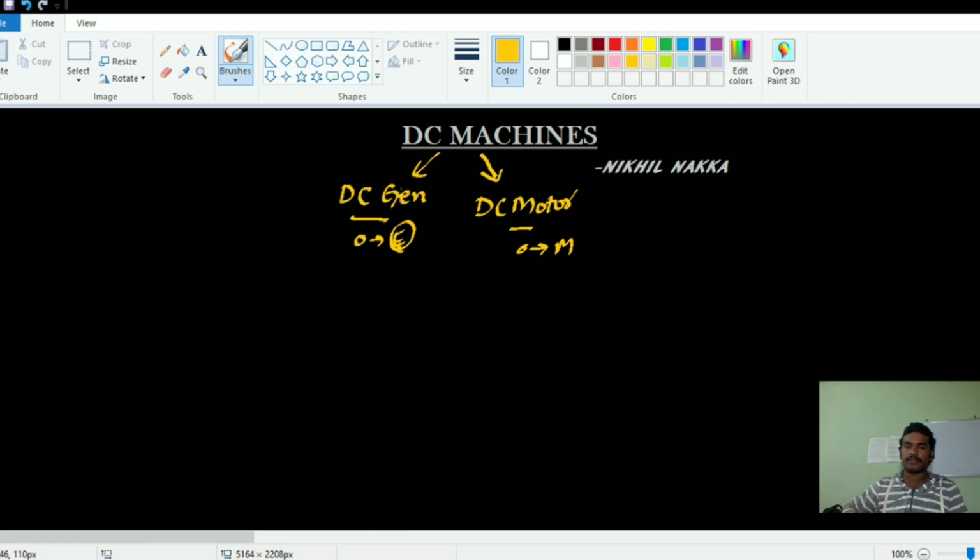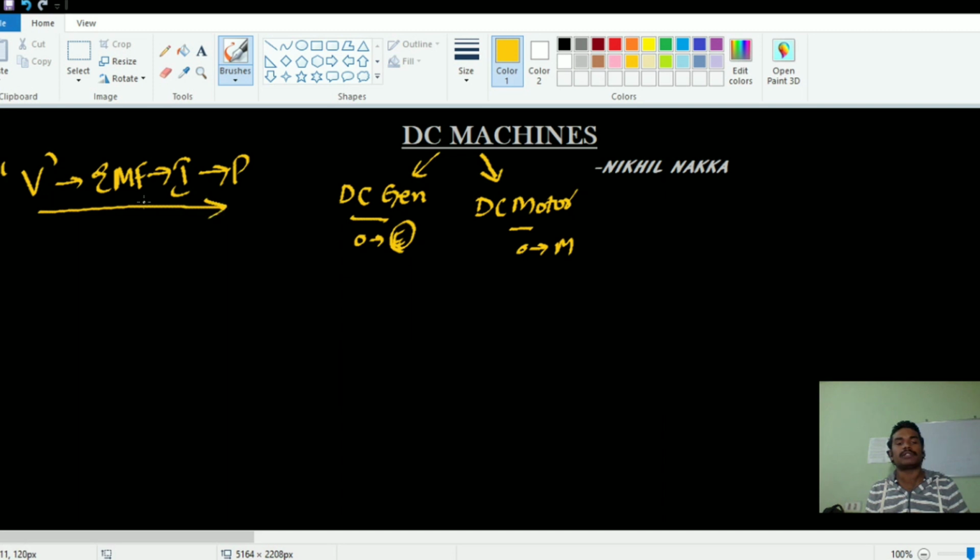Any generator, when it produces an electrical output, what it actually produces is voltage, because voltage is nothing but the electromotive force. When voltage comes into existence, you get current and power and all the other quantities. The starting point is voltage.